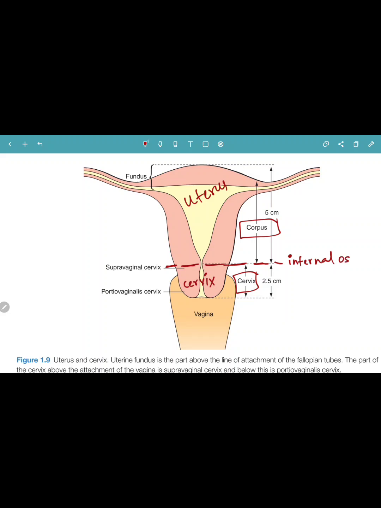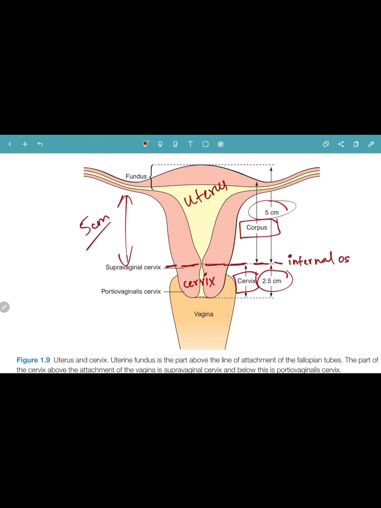The corpus dimension is around 5 centimeters, and the cervix length is around half of that, 2.5 centimeters.